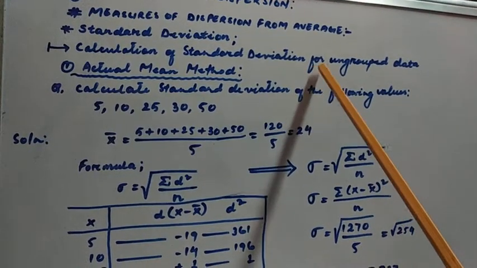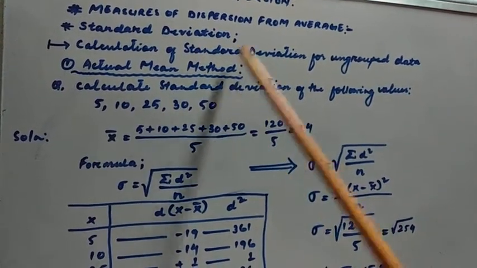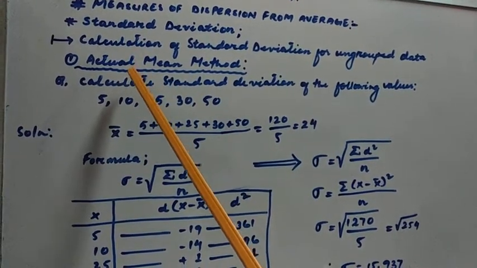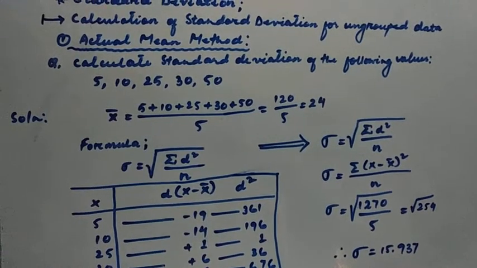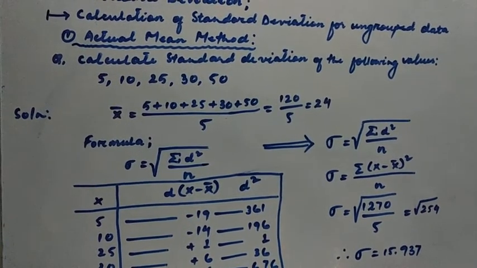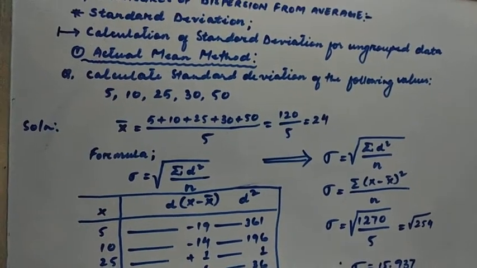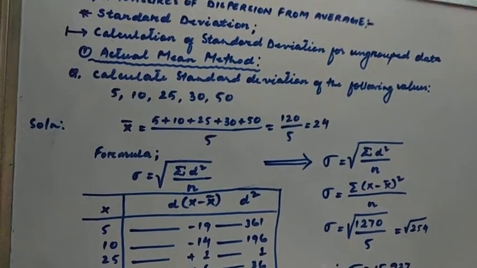Under ungrouped data standard deviation, we actually have four methods: actual mean method, assumed mean method, direct method, and step deviation method. Let us see them one by one.